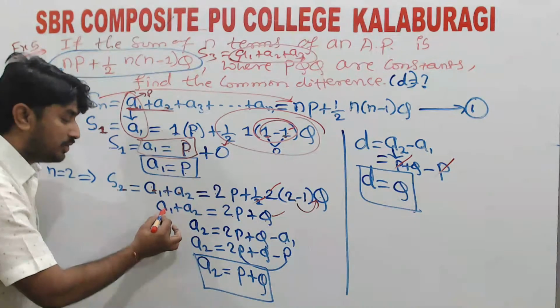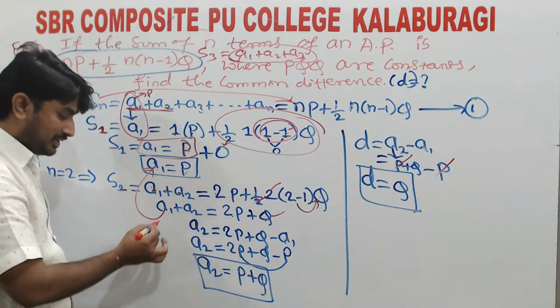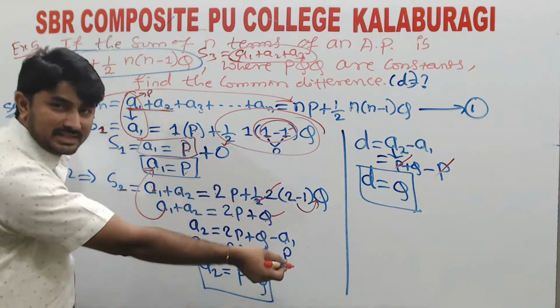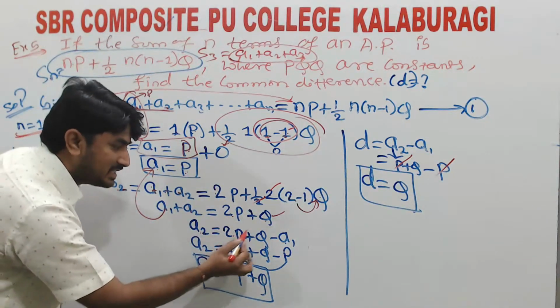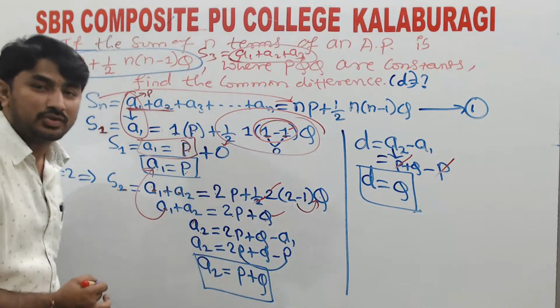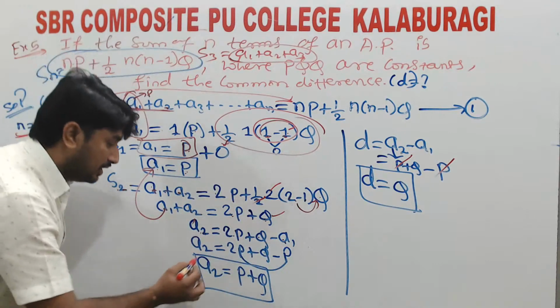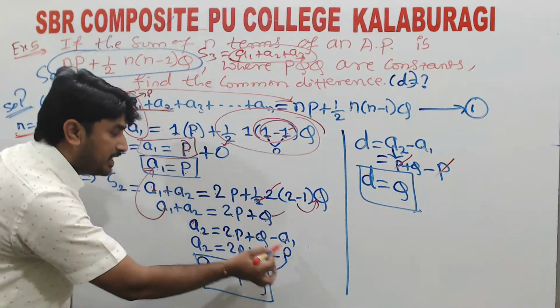Already we know the value of A1, which is p. So A1 is taken to the RHS side. The second term is equal to 2p as it is, q as it is. A1 goes to the RHS and becomes a negative term. So A2 equals 2p plus q minus A1.